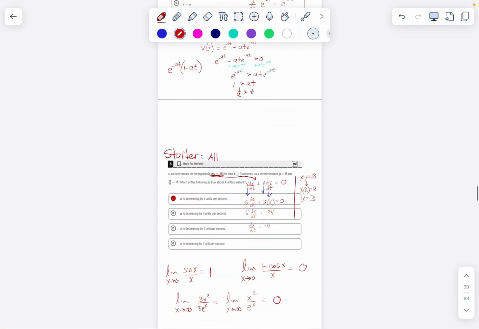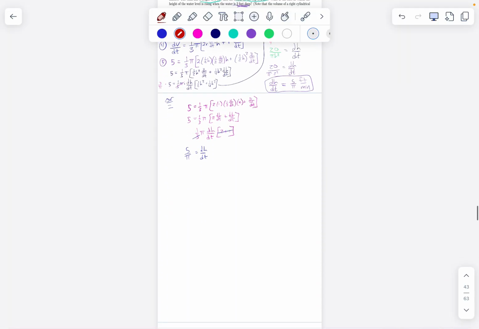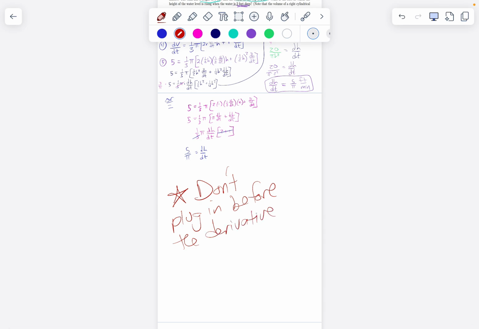I'll write it twice. Yeah, just definitely don't do that because that would throw off things. Don't plug in before the derivative. Ryder, good job.